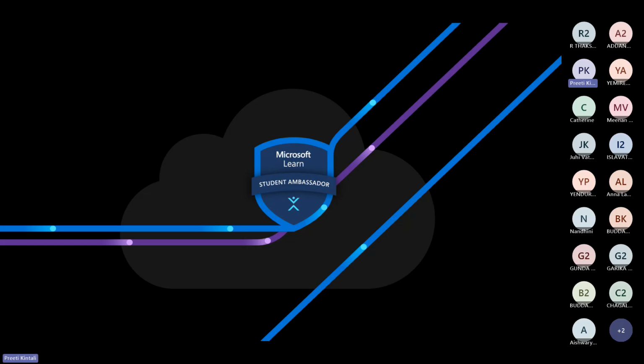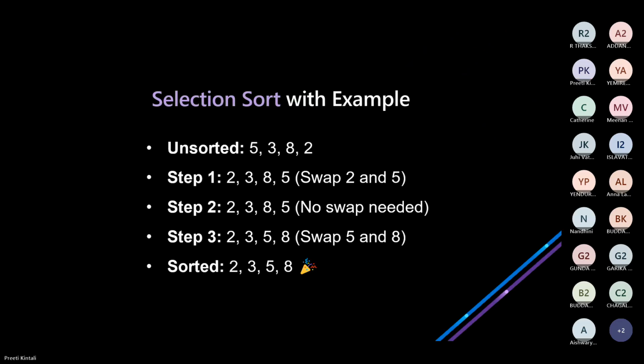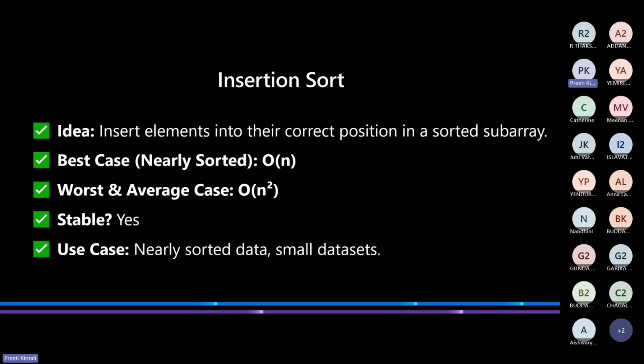So our next algorithm is going to be insertion sort. So this is insertion sort. Here, insert elements into correct position in a sorted subarray. So you will understand this more in the example.